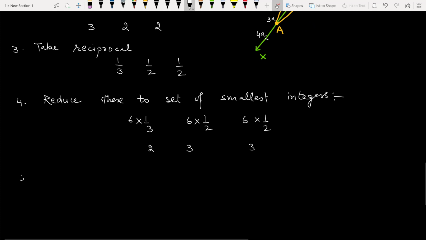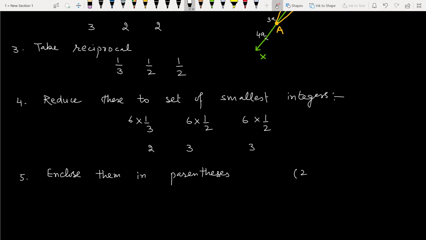Enclose them in parentheses: (2 3 3). Don't use commas.